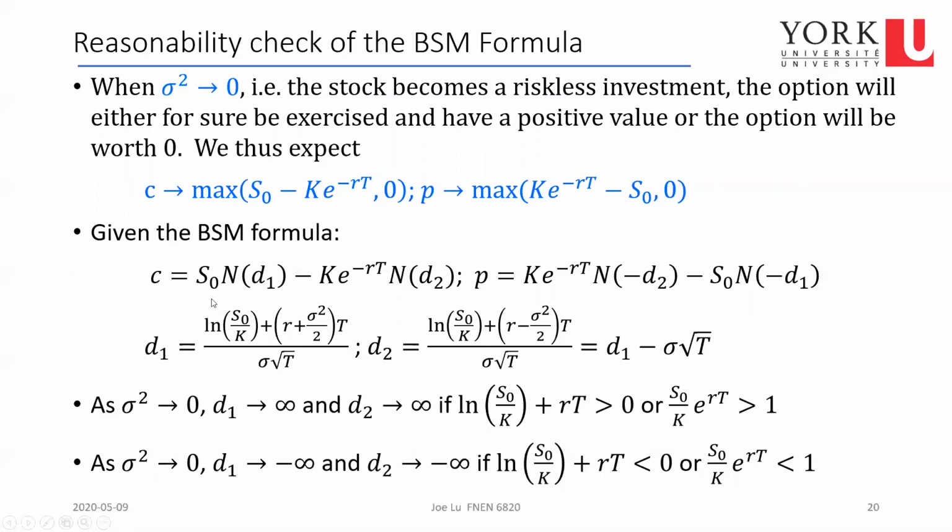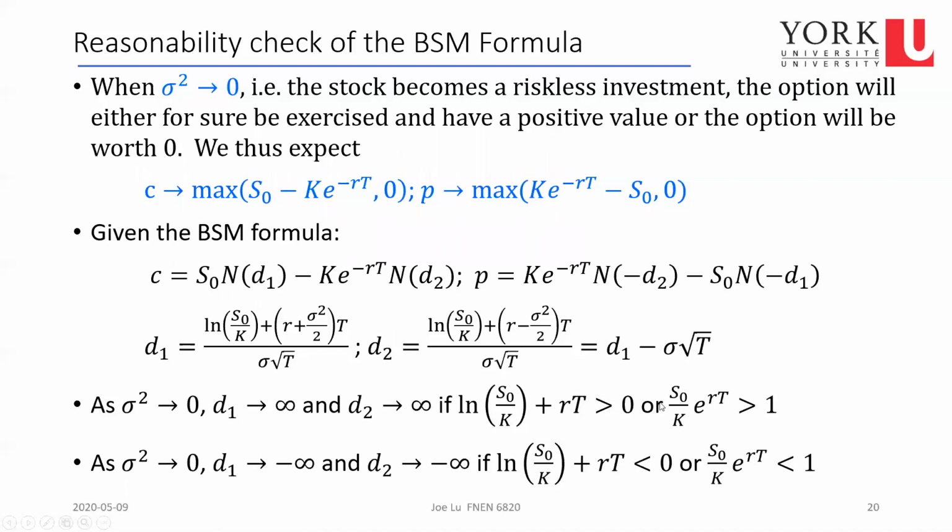So then you look at that. If volatility were to approach 0, if this term is greater than 0, or you say that if S divided by K times e to the power minus RT, basically you raise this power here. You can do that because this is a monotonically increasing function, right?